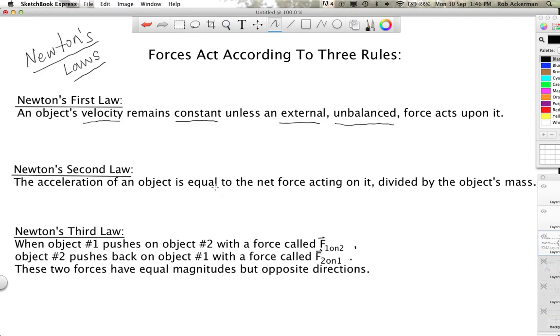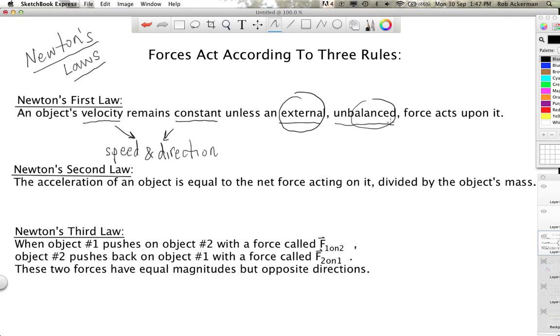Let's break this down. This means that things will move at a constant velocity. What does constant velocity mean? Well, since velocity has a magnitude, which is kind of like your speed, and it also has a vector nature, which is your direction, therefore, all objects keep the same speed and direction unless forces from the outside push on them in a way that they are not balanced.